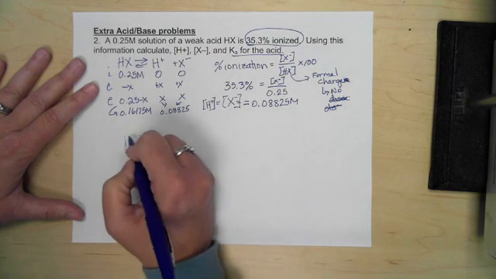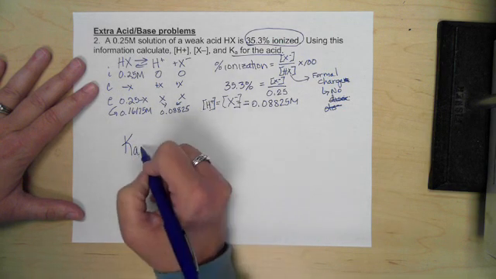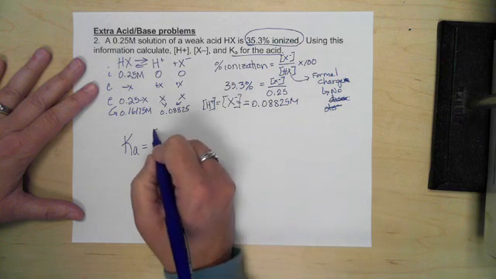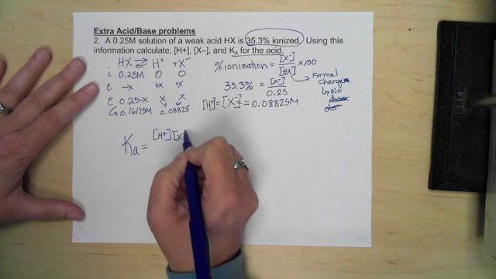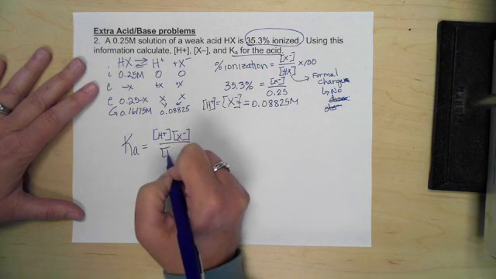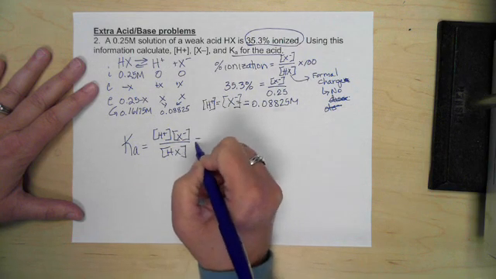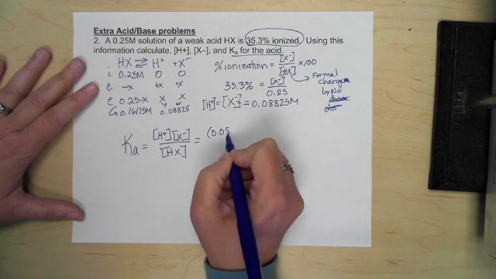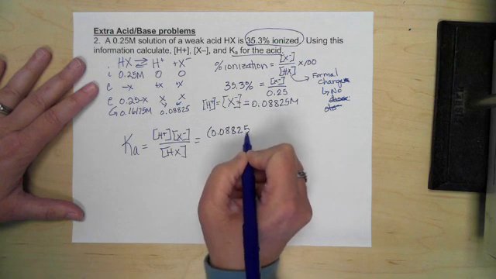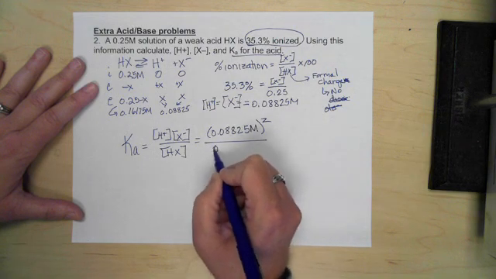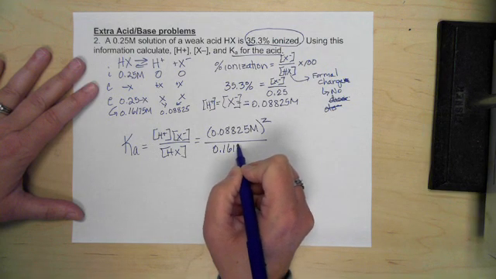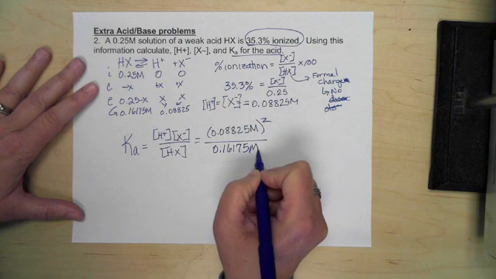So our Ka, and again it's an acid, so it's a Ka, is going to be H plus times X minus over HX, which we now know is 0.08825 molar squared, divided by 0.16175 molar.